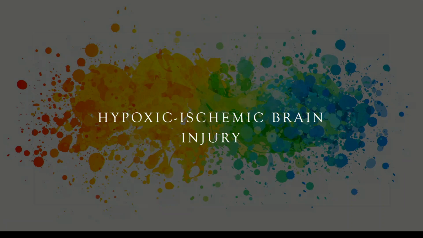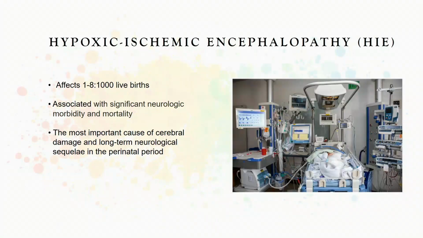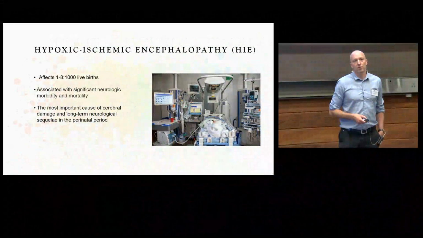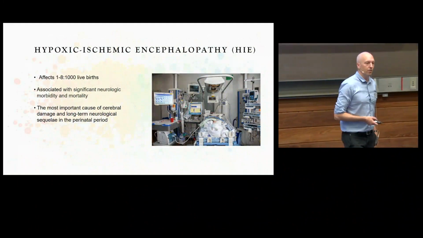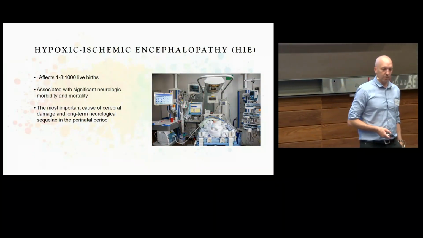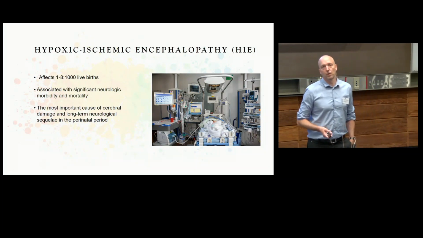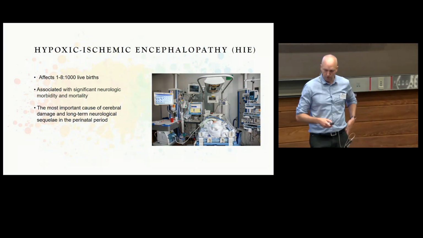So hypoxic ischemic brain injury may lead to hypoxic ischemic encephalopathy, which is for any neonatal clinician quite a common condition. In the developed world, it's probably around 1 in 1,000 live births, and in third world countries or less resource-intensive settings, up to 20 per 1,000. So it's very varying.